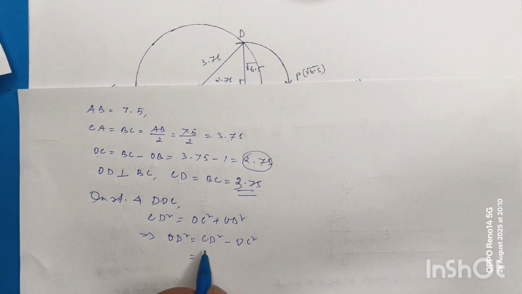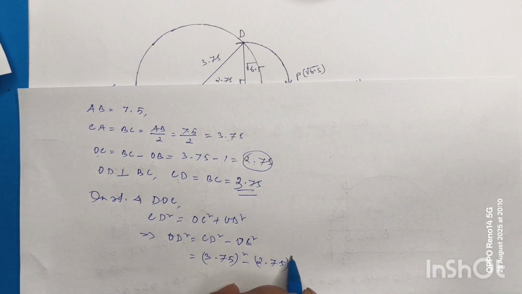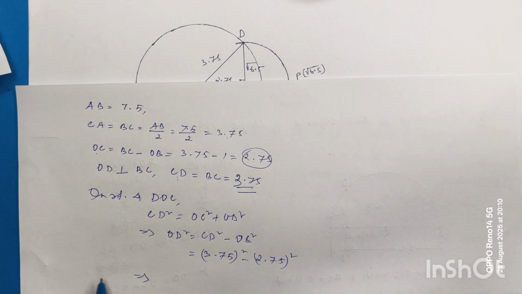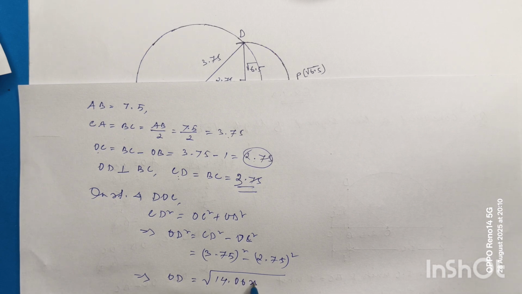Now CD value equals 3.75 square minus OC value, 2.75 square. If you want to find OD, the square becomes the square root. So 3.75 square, if you multiply, you will get 14.0625 minus. Again, 2.75 square, if you multiply you will get 7.5625.